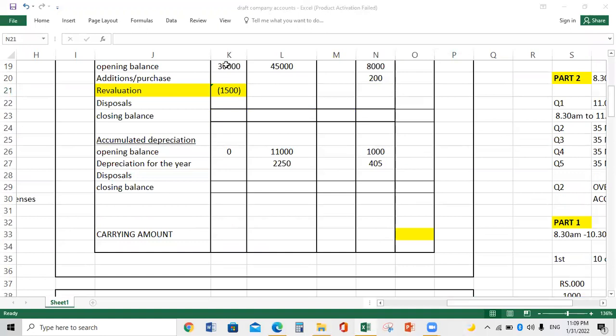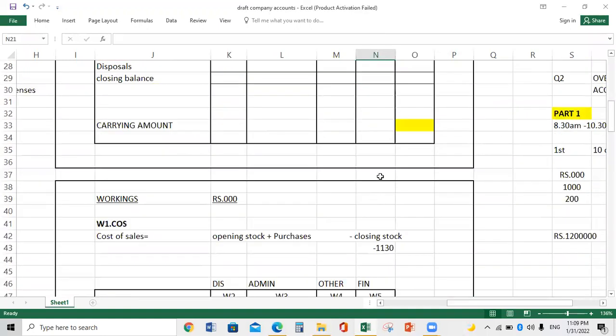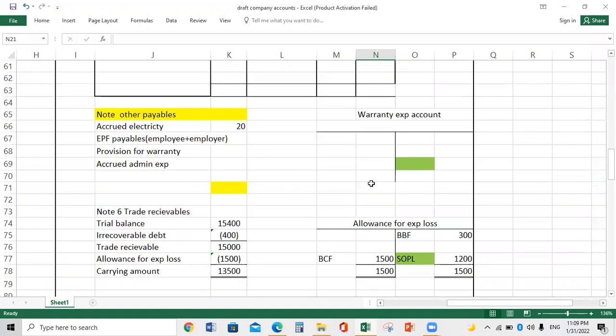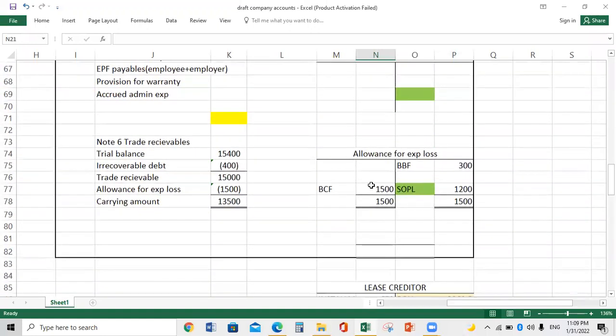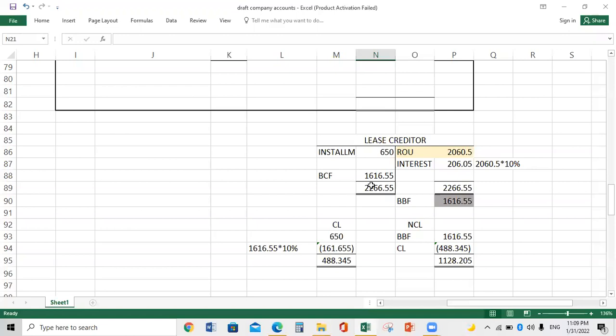What else? Lease interest. Isn't it accrued? No, lease interest is paid because of the installment. Inside the installment, there is interest. So if you have paid the installment, that means you have already paid interest also. You understand, Saina?